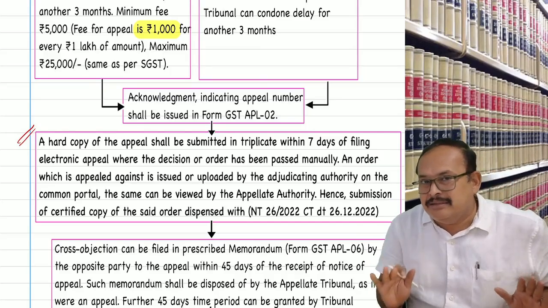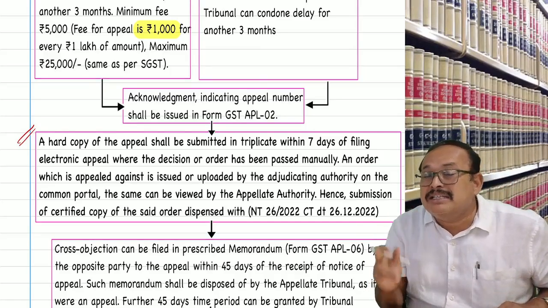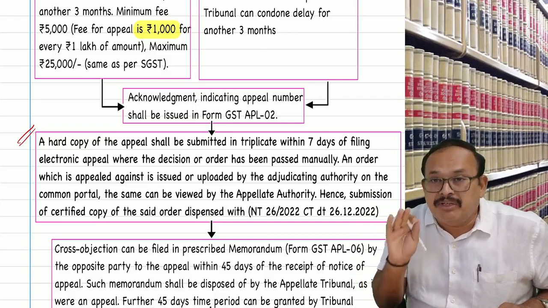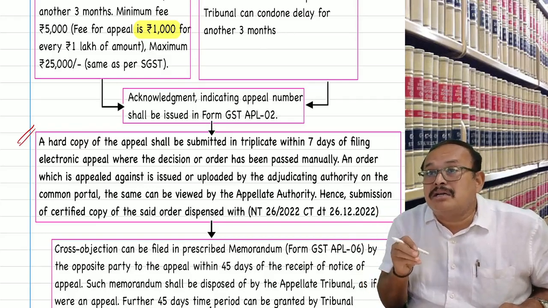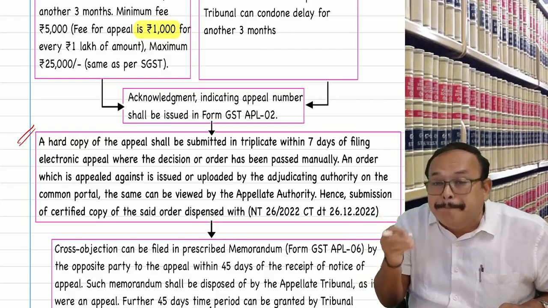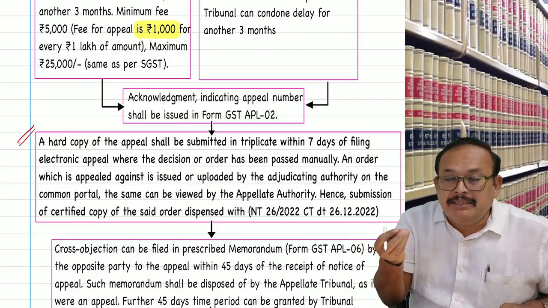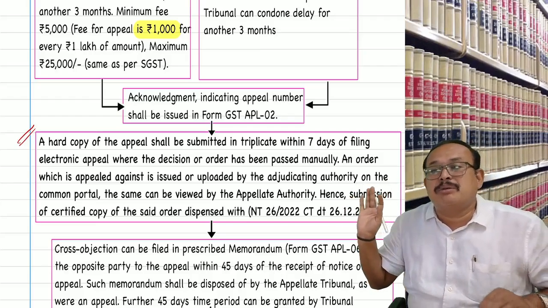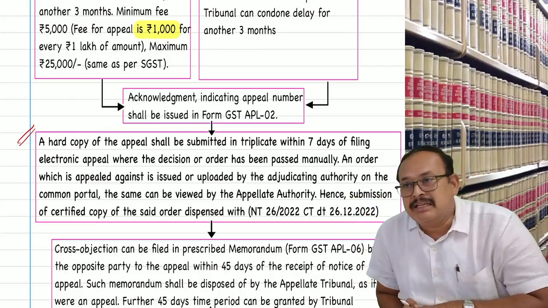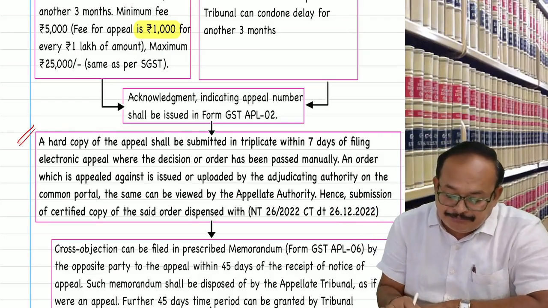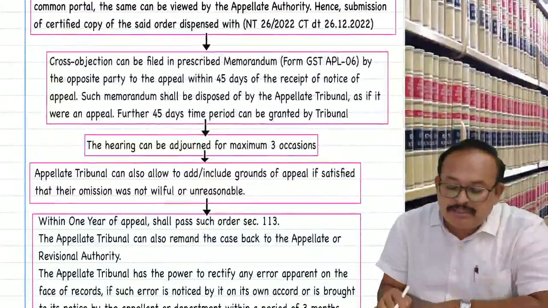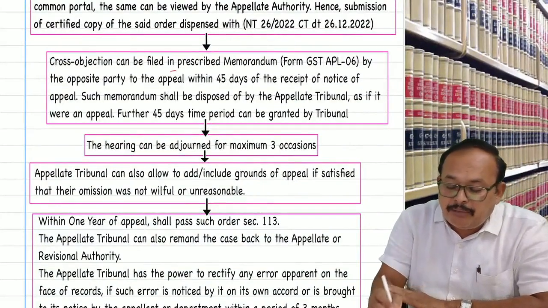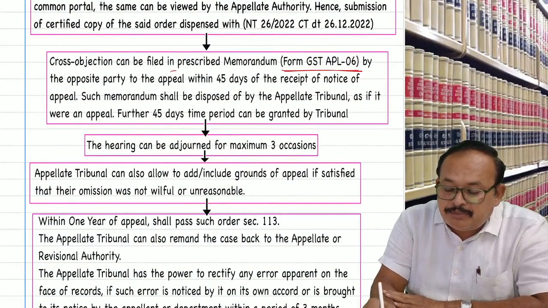It is only when the order in original is passed by the revision authority manually, or the order is passed by the appellate authority manually, that this 7 days concept will come into the picture to submit the hard copy. Is it clear? Further, cross objections can be filed in the prescribed memorandum form GST APL 06, cross objection.